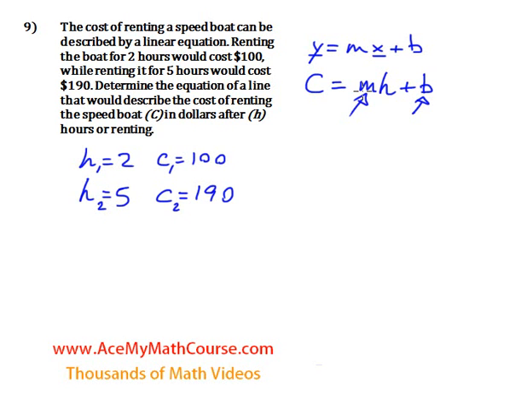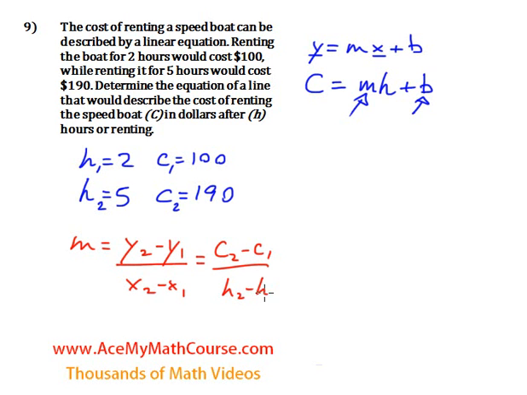And m, which is just the slope, can be determined by the slope formula, which usually is y2 minus y1 over x2 minus x1. But in this case, I'm going to use c as y, so c2 minus c1 over h2 minus h1.